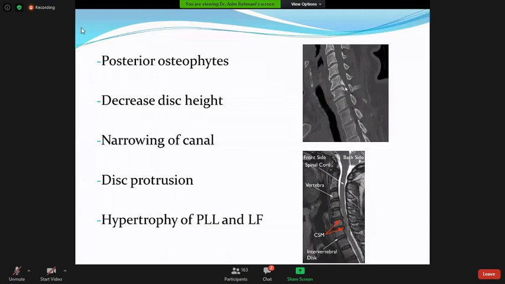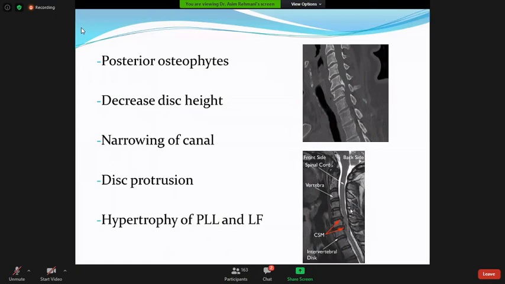So you can understand these two bony osteophytes can compress the neurological components within the canal. It is usually associated with decreased disc height as time passes and with narrowing of the spinal canal.